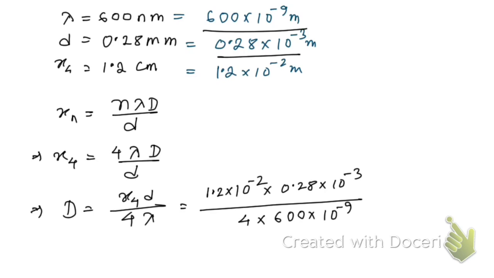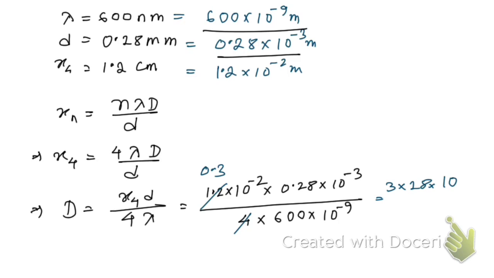So now 4 cancels 1.2, that's going to be 0.3. Let me make it 3 into 10 to the power minus 1, times 28 into 10 to the power minus 5. Then here we have 10 to the power minus 8.